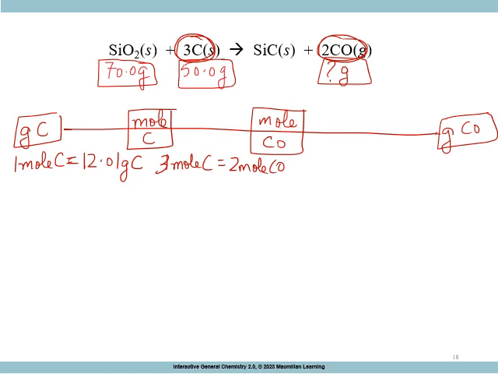Next, I go from moles of carbon monoxide to grams. For that, I need to find the molar mass of this. 1 carbon is 12.01 plus 16.00 for 1 oxygen. Total is 28.01 grams.